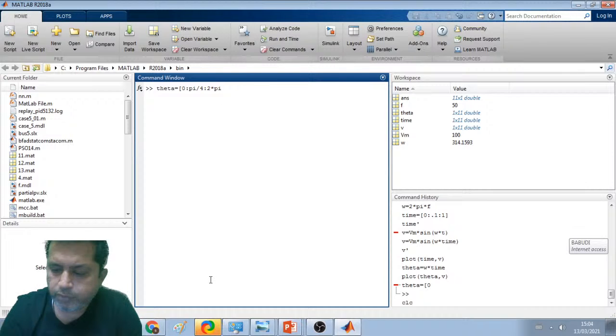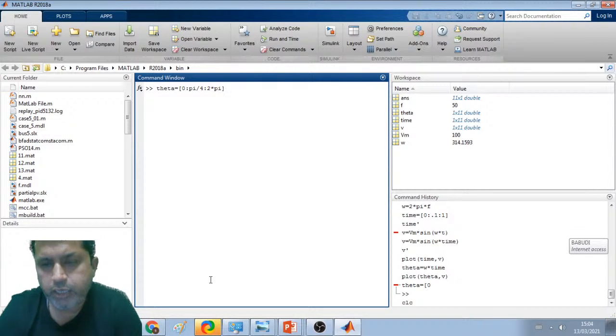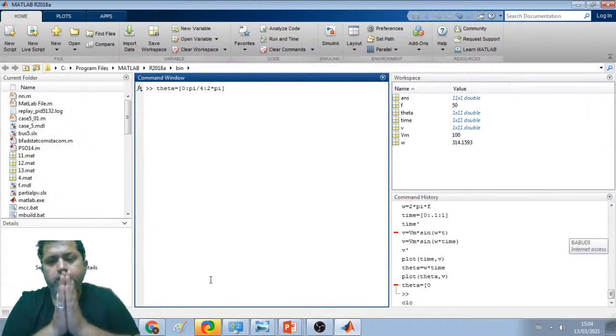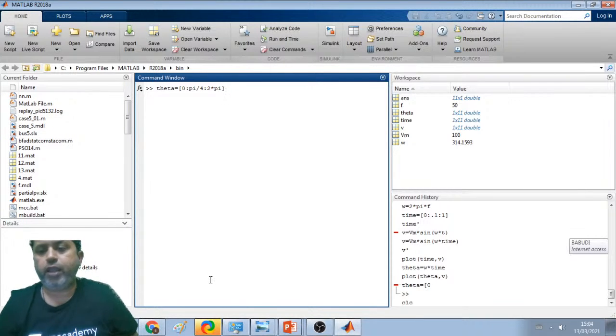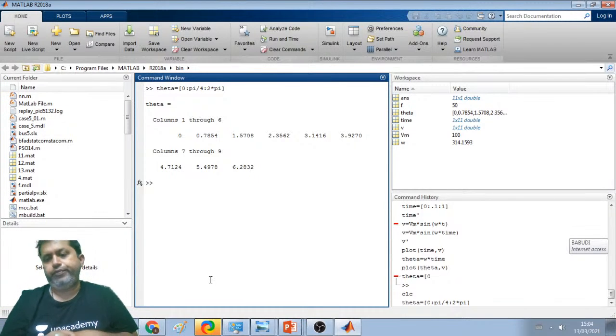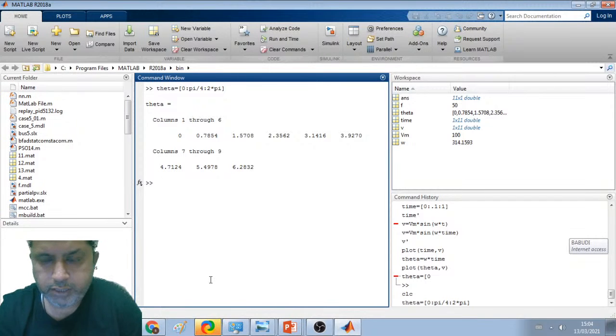That means from 0 to 360 degree in steps of pi by 4, that is equal to 45 degree. So this is your value. Okay, so I will convert this into angle or degrees.